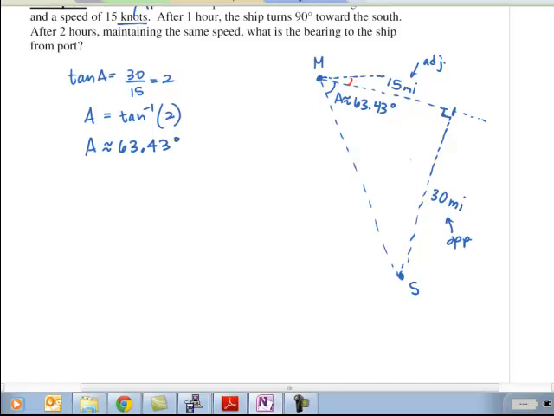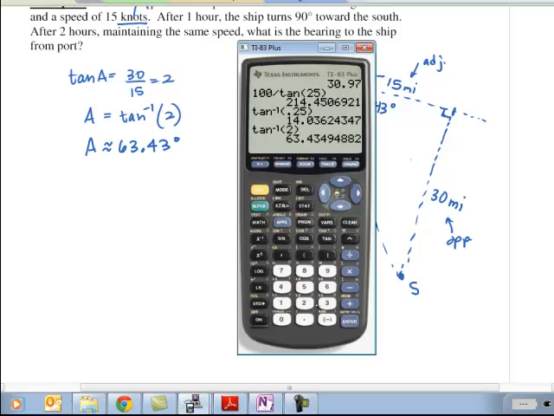problem, if this is east, that's 10 degrees. So if this is straight south, this angle here would be 90 degrees minus 73.43. If we do that subtraction, we get 16.57 degrees.